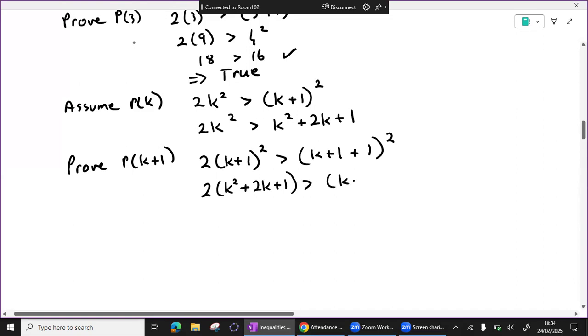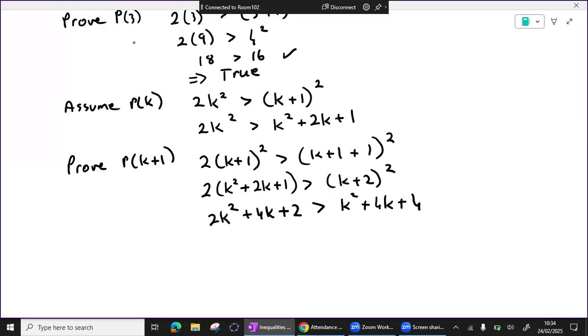This is going to be (k plus 2) squared. So we might as well work that out as well and get it as simple as possible. So what will that be? k squared plus 4k plus 4. Okay, so we have our assume sentence and we have our prove sentence.